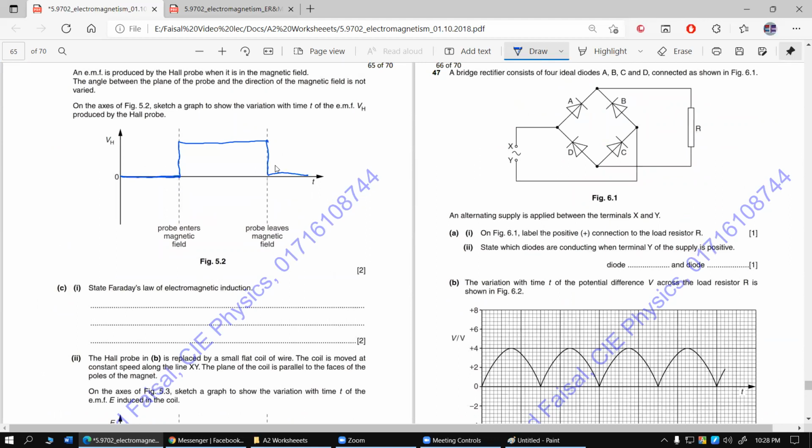The moment it increases into the field, we have a sudden increase in the Hall voltage. Then as long as the coil is moved across, the magnetic field remains the same. So it will experience the same amount of Hall voltage because the magnetic field strength is the same. The moment it goes out of the magnetic field, the Hall voltage will immediately become zero and becomes horizontal once again. That's why the Hall voltage variation will be like this.